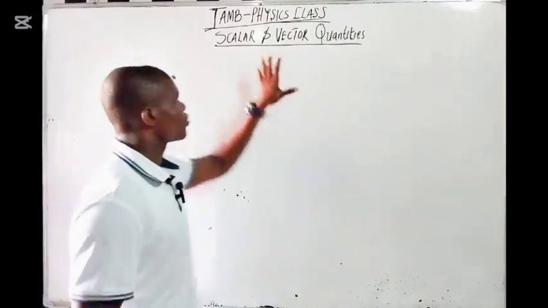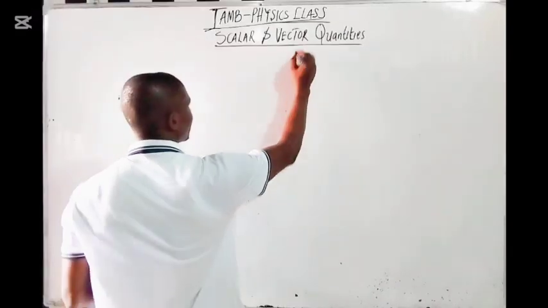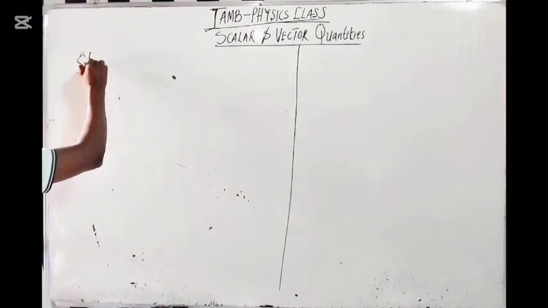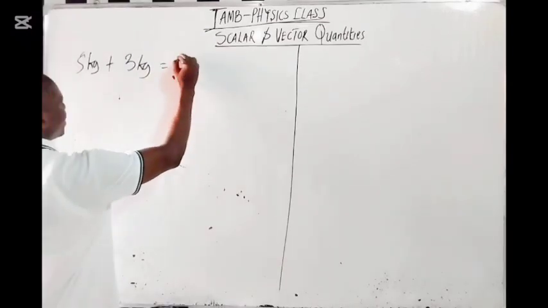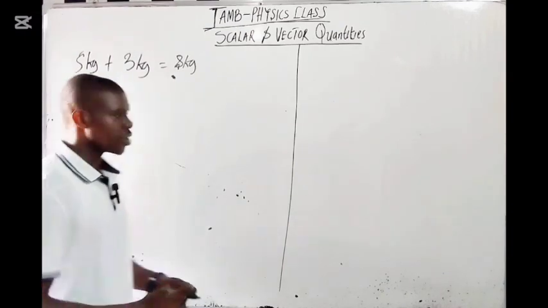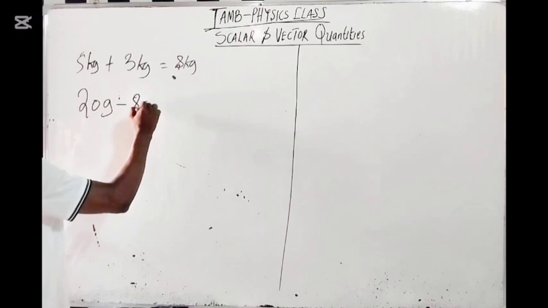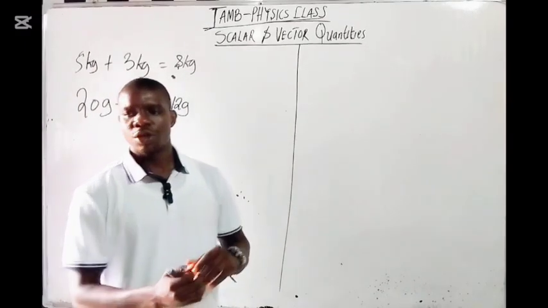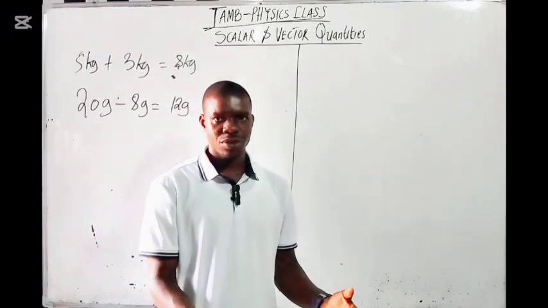So let's look at addition of scalar quantity. 5 kg plus 3 kg is 8 kg, right? 20 grams minus 8 grams is equal to 12 grams. So it's just simple arithmetic: addition, subtraction, multiplication, or division.